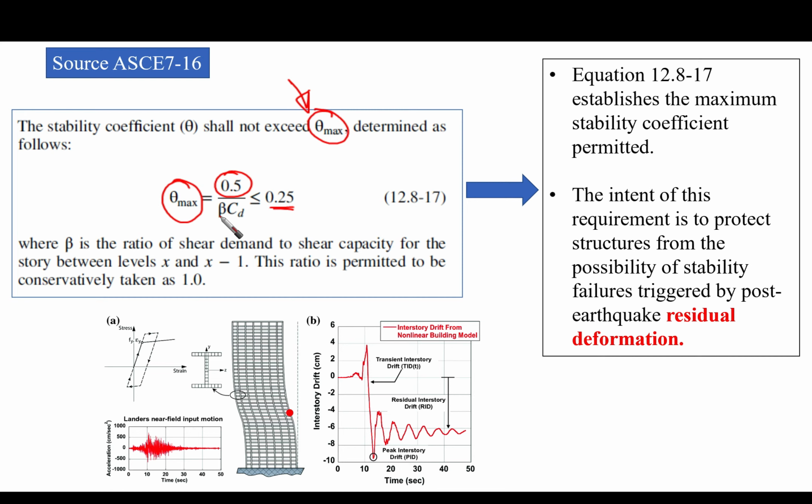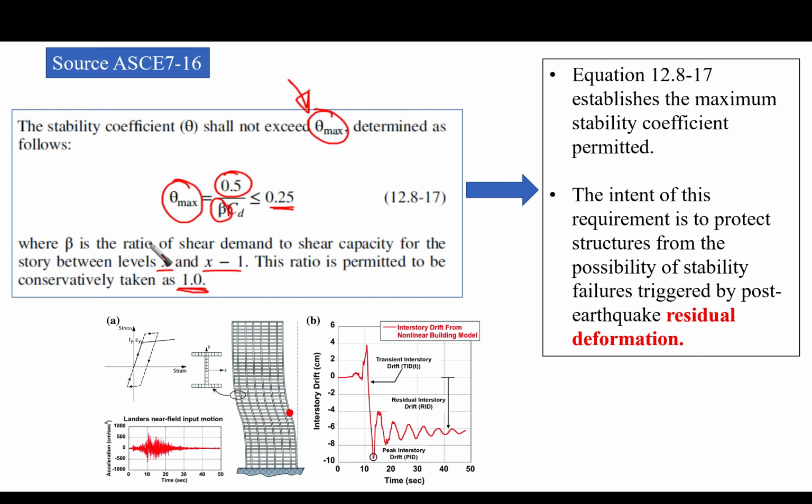We know theta, we know Cd, but we do not know what beta is here. This beta is the ratio of the shear demand to shear capacity for the story between levels x and x minus 1. This ratio is permitted to be conservatively taken as 1. So this means how much strength the story is providing and how much demand exists.